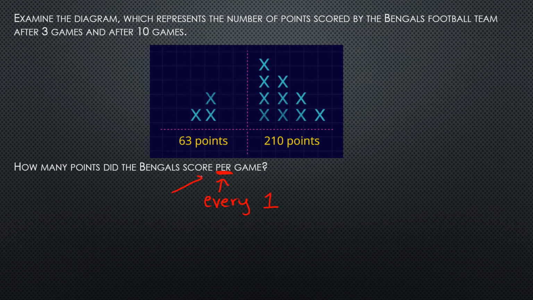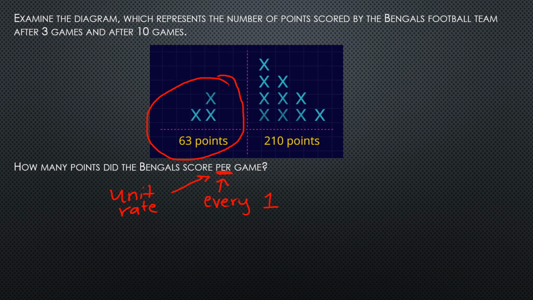Per is also another way of telling you to find the unit rate. So with these questions, you only really need to pick one set of data because you'll get the same answer with both. And I'm going to pick this side over here just because the numbers are smaller.